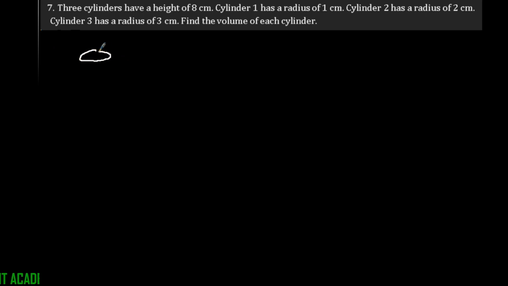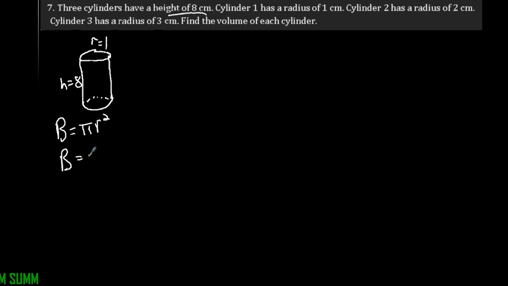All right, it says radius is 1. Each height, though, is 8. So that's going to be a key part, because when you go to find these, make sure that you are labeling that the height for each of them is 8. So find the area of the base for this one. Big B is going to be equal to pi times the radius squared. So that's just going to be 3.14 times 1 squared, which is the same as 3.14.